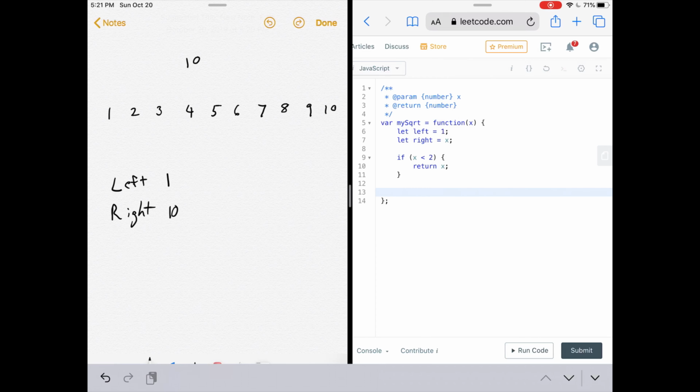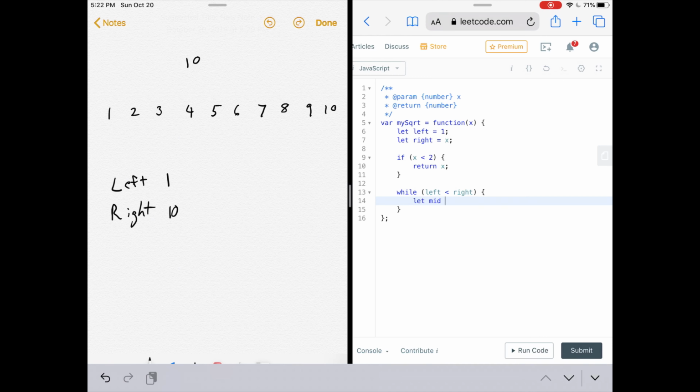But if that's not the case, we know that we have to use a binary search to find the answer. So to do that, we'll use a while loop. We'll say while left is less than right, what do? First thing we have to do is to find the midpoint. So I'll just write a formula down real quick for the midpoint, and then I'll show you exactly how it works.